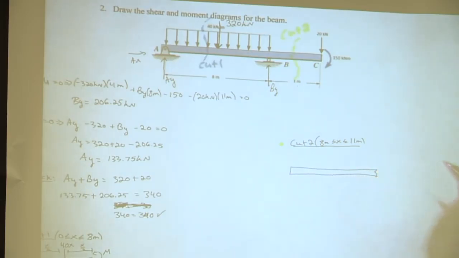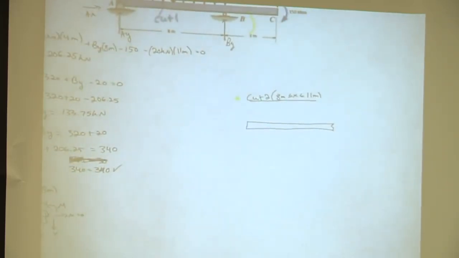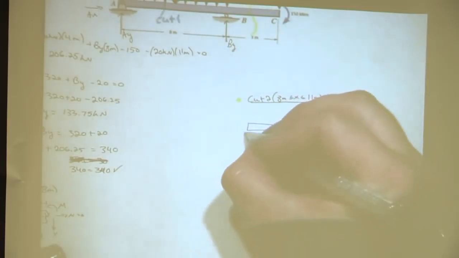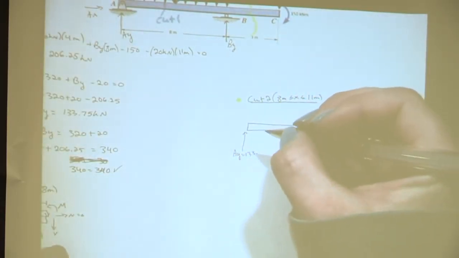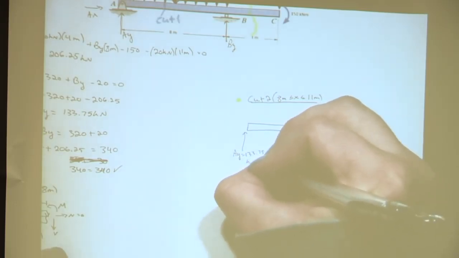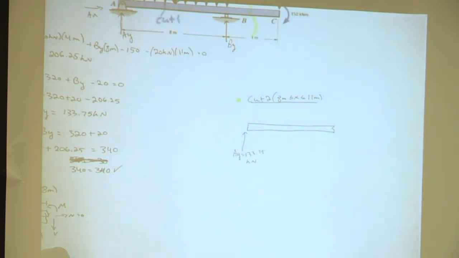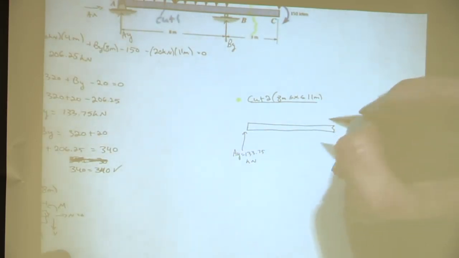Now what do we need to include on this free body diagram? Everything's still to the left of that cut, all the way from A. Yeah, awesome, so we still need our AY. And then what else? Awesome, so we also need BY.